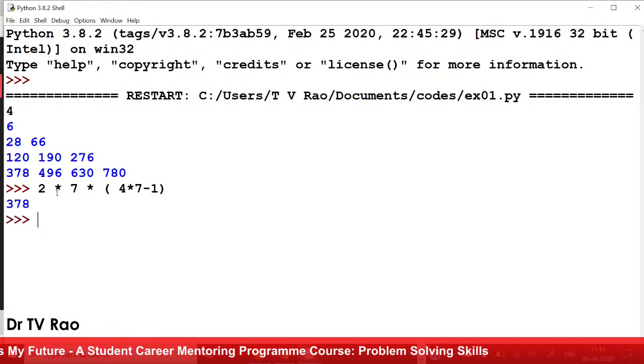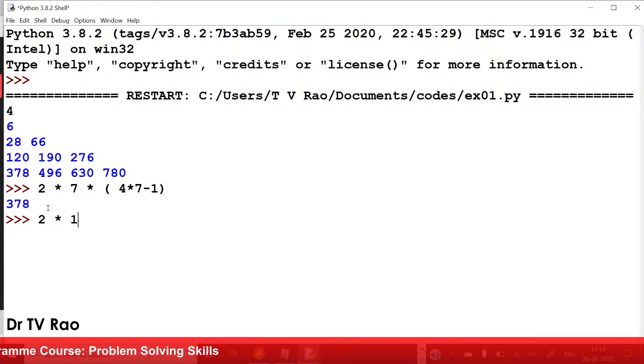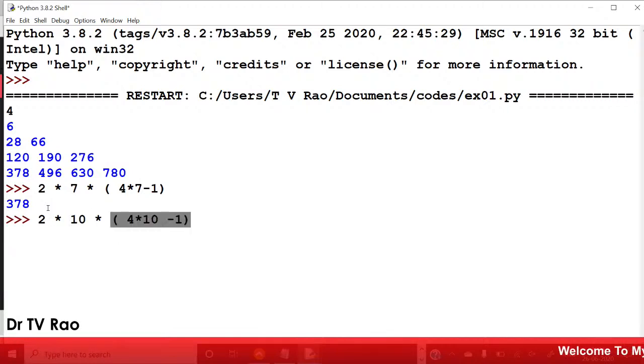Okay, fine. 7th, 8th, 9th, 10th term. Let us find out 10th term also. 2 into 10 into 4 into 10 minus 1. Okay. So it is working absolutely well.